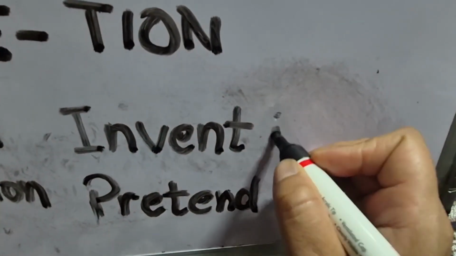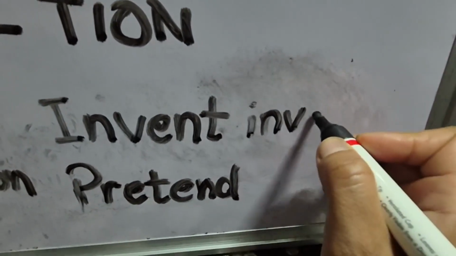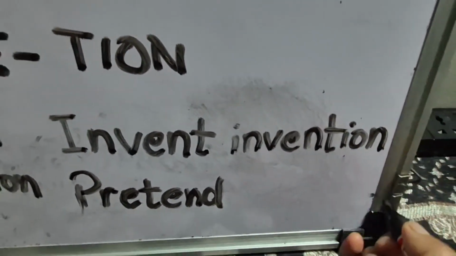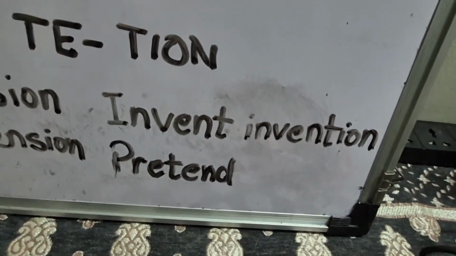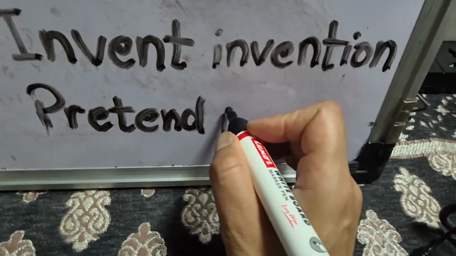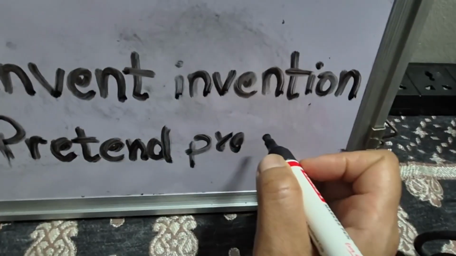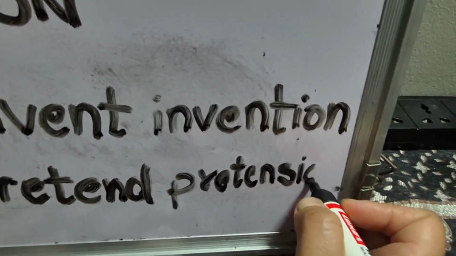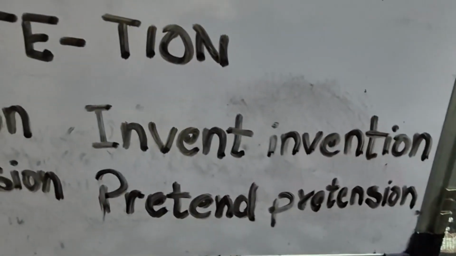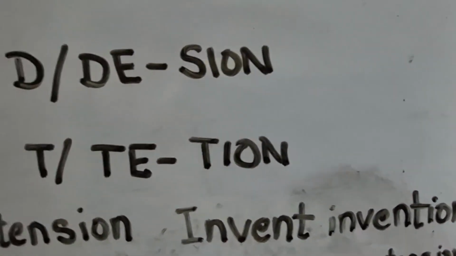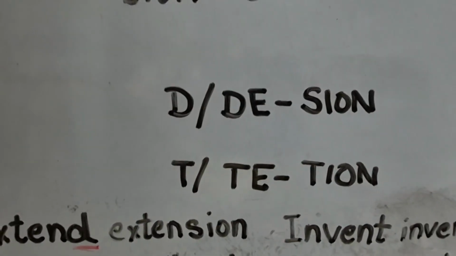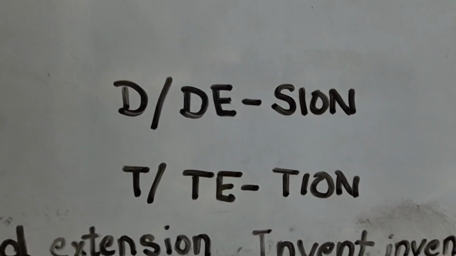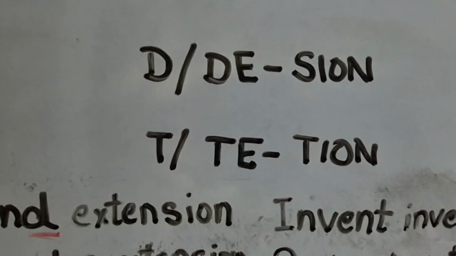It would be invention. Got it? So remember, D or DE use SION. If there is T or TE, use TION.